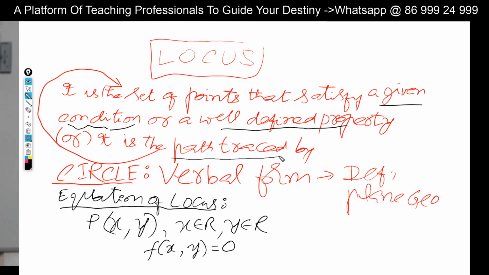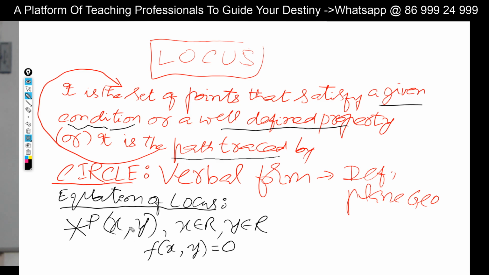Now, after knowing the verbal form of the definition, we are converting it to the algebraic equation by taking a general point P x comma y on the locus, on the geometrical figure.